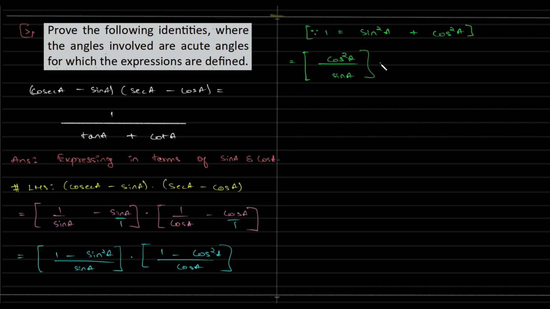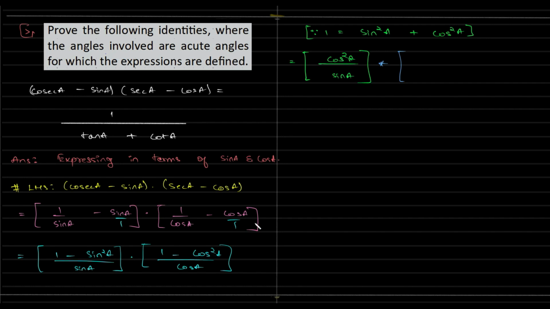So I'm skipping one step. I'm not writing 1 as sine square A plus cos square A, substituting 1 as sine square A plus cos square A, sine square A gets cancelled and you have cos square A. So I'm skipping that step, right? I think I've shown enough for you guys to be confident with what I'm writing.